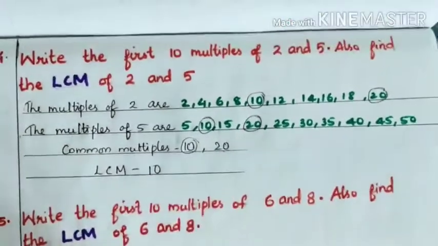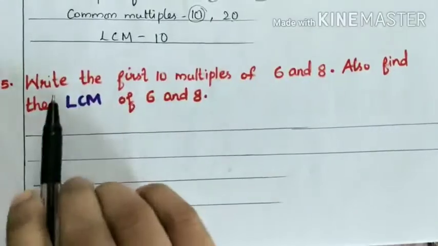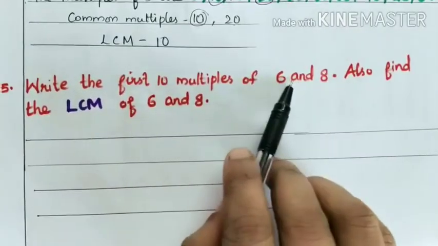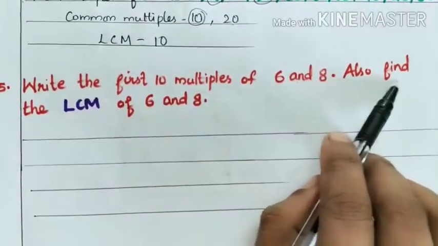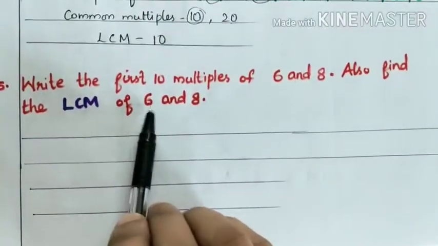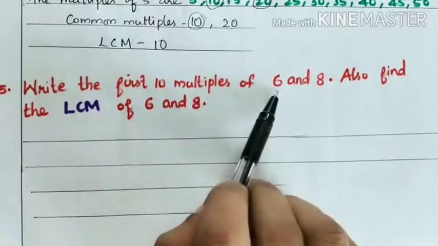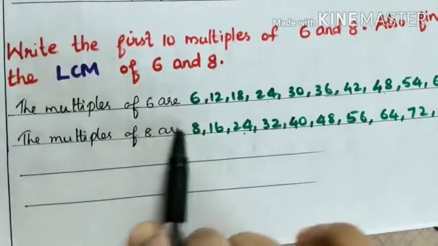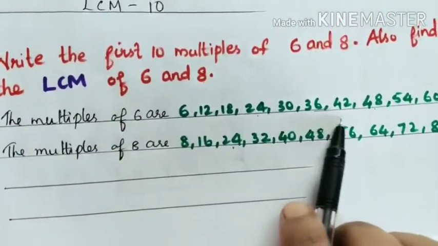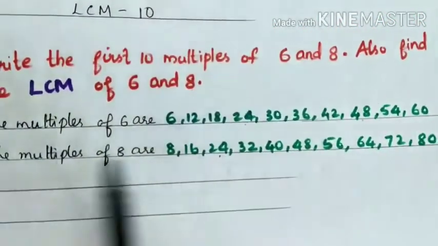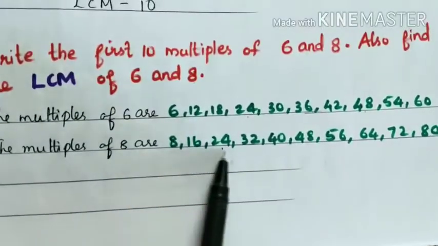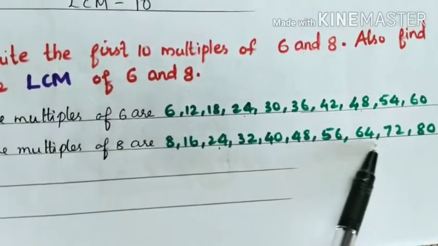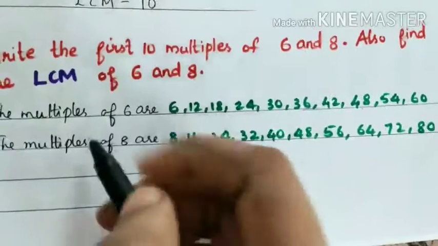LCM 10. Next question. Write the first 10 multiples of 6 and 8. Also find the LCM of 6 and 8. First we have to write the multiples of 6 and 8. The multiples of 6 are 6, 12, 18, 24, 30, 36, 42, 48, 54, 60. The multiples of 8 are 8, 16, 24, 32, 40, 48, 56, 64, 72, 80.